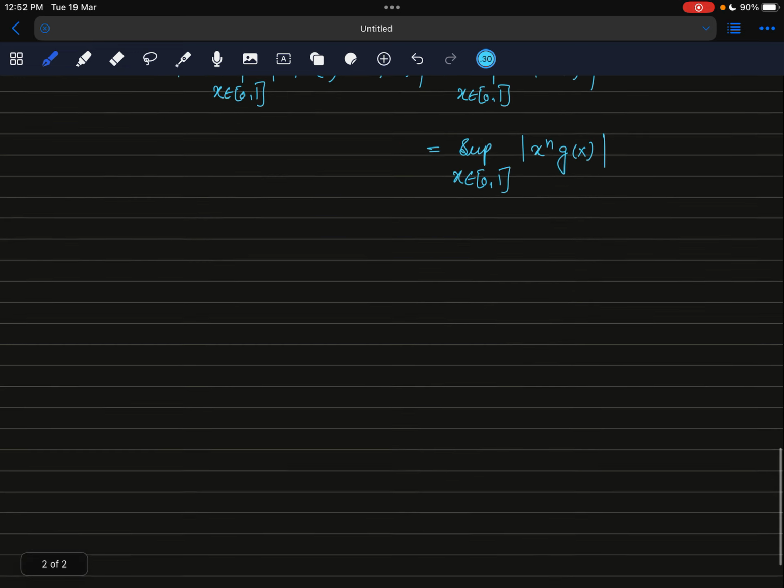This is also a well-known theorem. And since it is bounded on [0,1], the supremum is attained. Therefore the supremum is attained at some point, say a, in the closed interval [0,1].